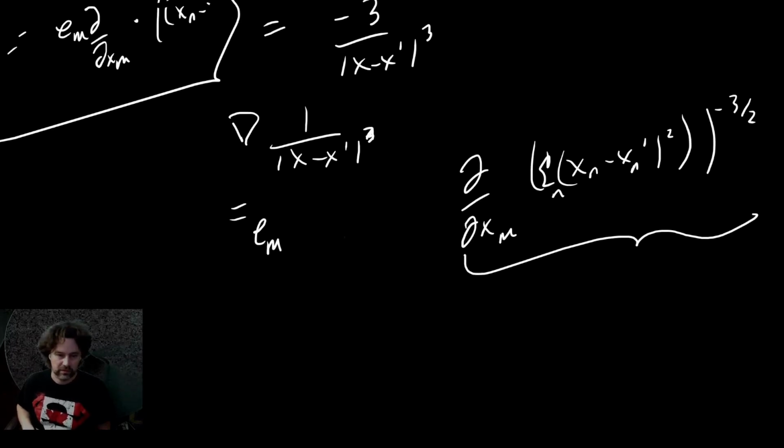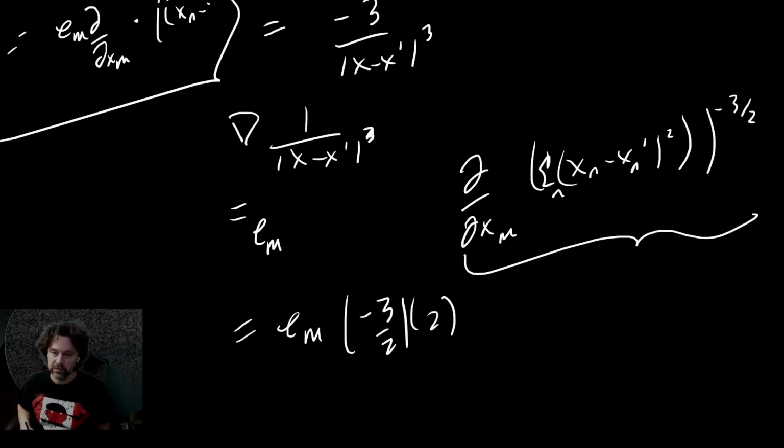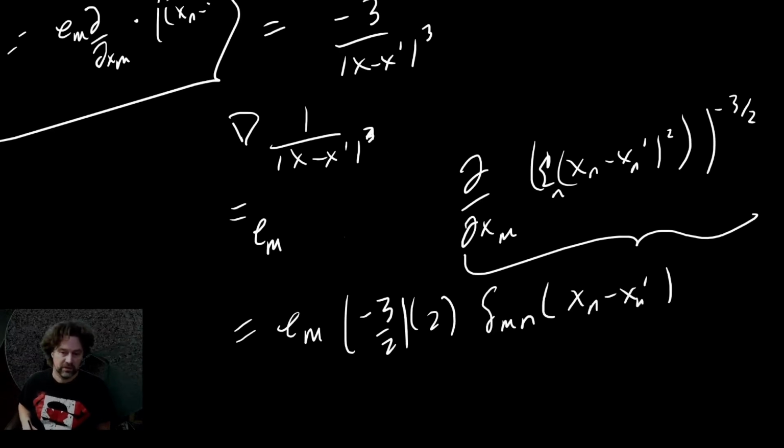Okay, so we have e_m times minus 3 halves times 2 times delta_mn (x_n minus x_n prime), all over |x minus x prime| this time to the fifth.